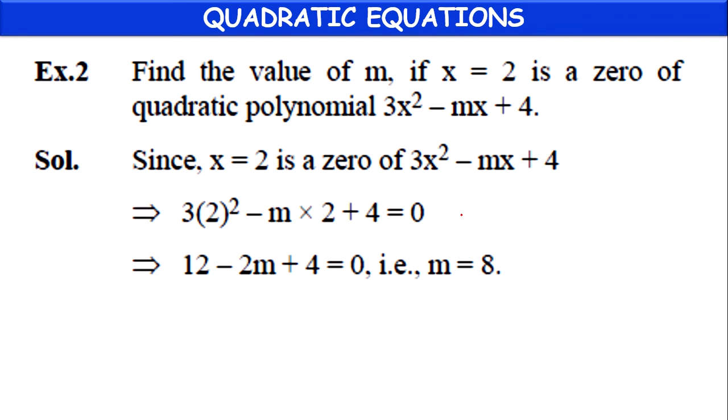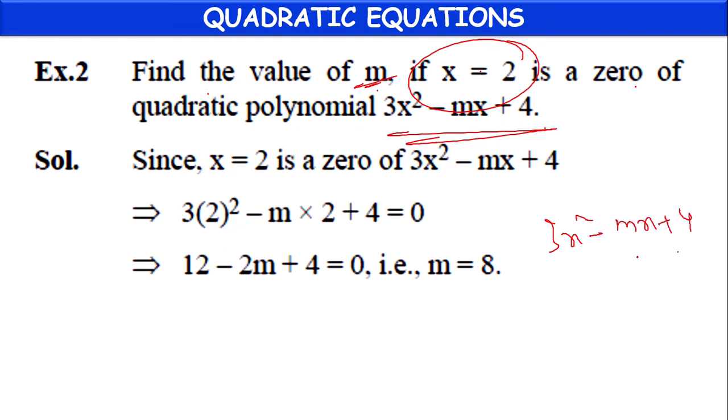Next, another example. Find the value of m if x equal to 2 is a 0 of quadratic polynomial, this polynomial. We have a quadratic polynomial 3x square minus mx plus 4, where m is a constant whose value is unknown. For finding this unknown m value, they have given a clue that x equal to 2 is the 0 of the given polynomial.